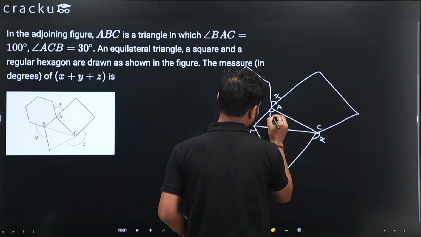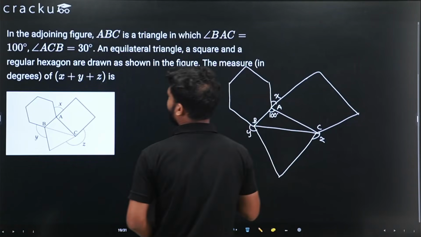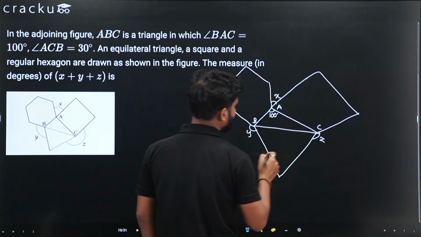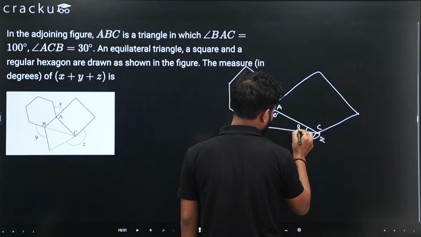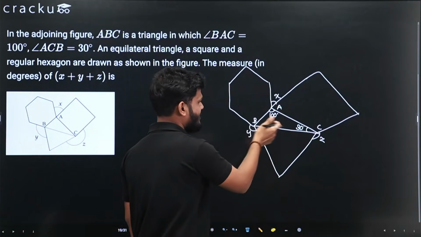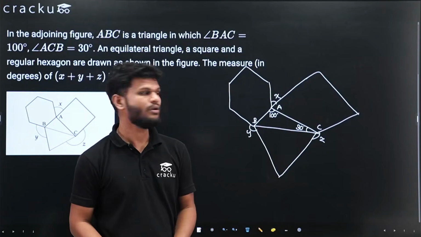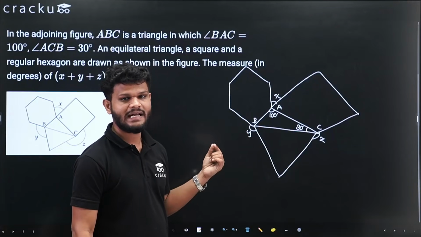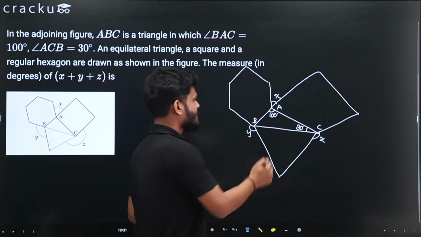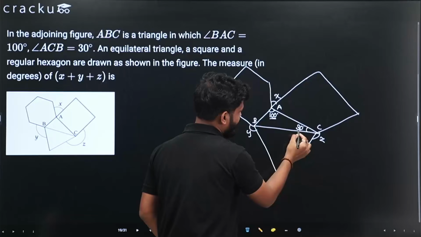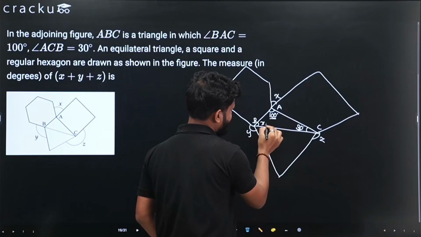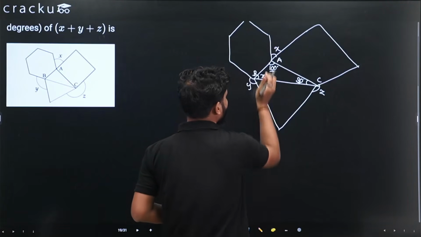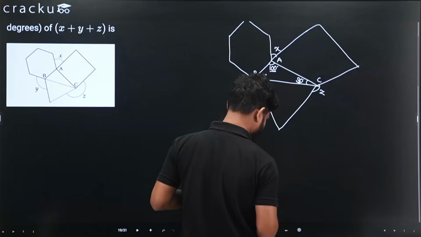So this is 100 degree. Then ACB is given as 30 degree. This is 30 degree. Can I find the ABC? I can find. How? The sum of all angles of a triangle is what? 180 degree. So 100 degree plus 30 degree plus, let us say, x degree. So 100, not x, because x is already there.